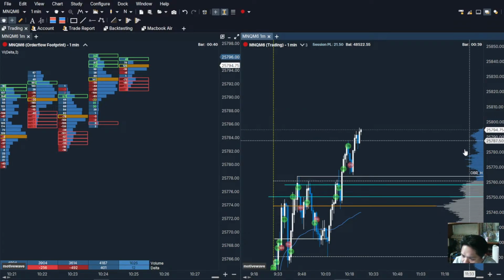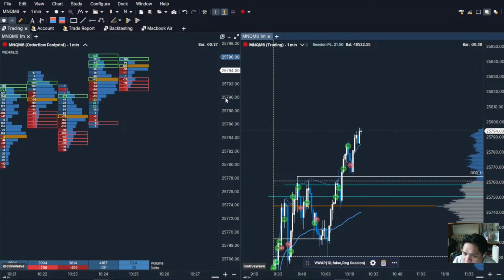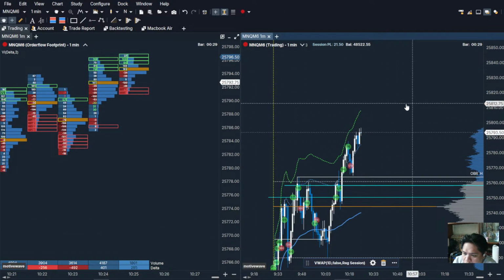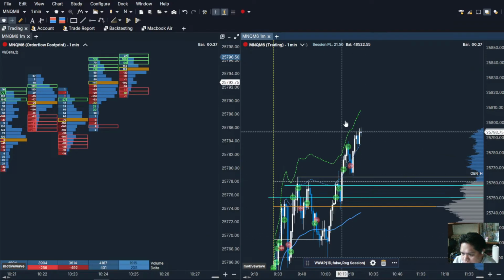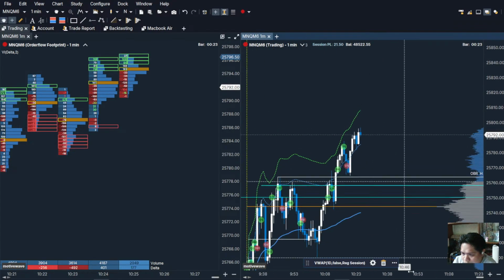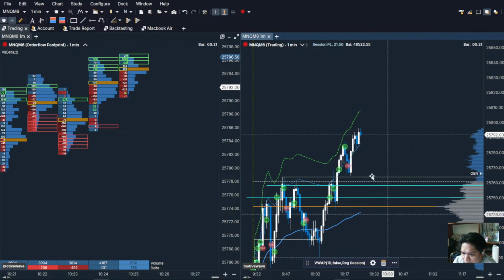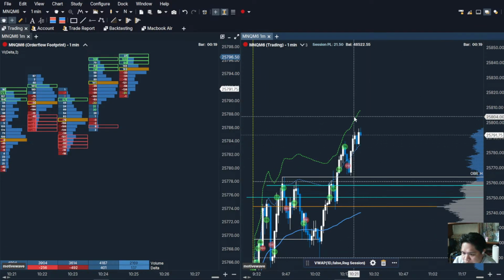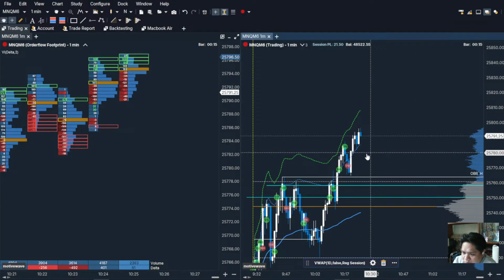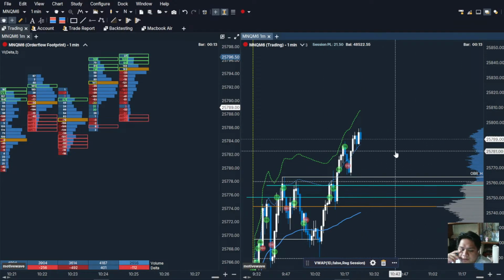We're way thin here, very thin. Very thin, guys, very thin. If we could start pushing back down here, that'd be interesting. But we're in price discovery mode.